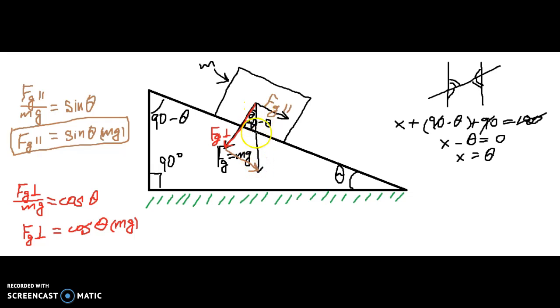And the hypotenuse again is our original force of gravity, which is equal to mg. So this is the adjacent side, this is mg, and the force of gravity perpendicular would be equal to the cosine of theta. Next, again, multiply both sides by mg, and you will find force of gravity perpendicular would be equal to the cosine of theta times mg.